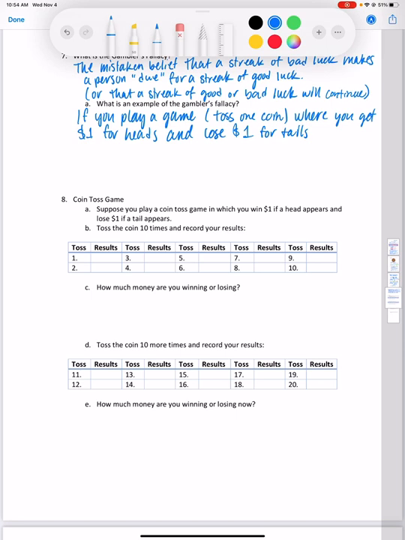Okay. And you have heads, tails, tails, tails, tails.